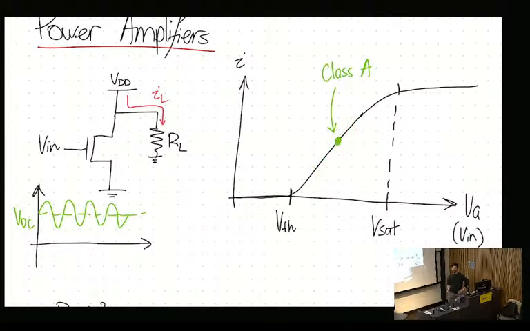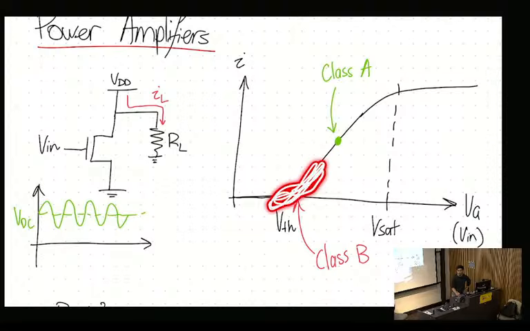So it means it's never being turned off. As opposed to class B, which sits right at the threshold point. So this means I'm biasing the signal with just enough to get up to the threshold point, not any further. And then I'm swinging back and forth around this operating point. Now, the problem here is I'm going from on to off, from on to off.